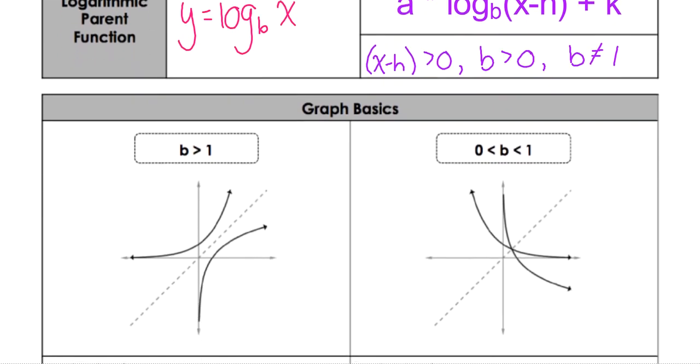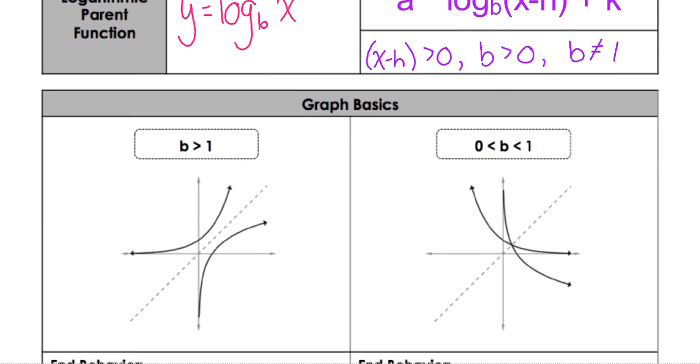So let's start with just these parent functions again. On this graph, we have two things going on that we need to talk about. There are two graphs you can see, and only one of them represents the log. If you remember from previous lessons, the function above that diagonal line is the function b to the x. For these two functions that we're looking at right now, our base value is greater than 1.